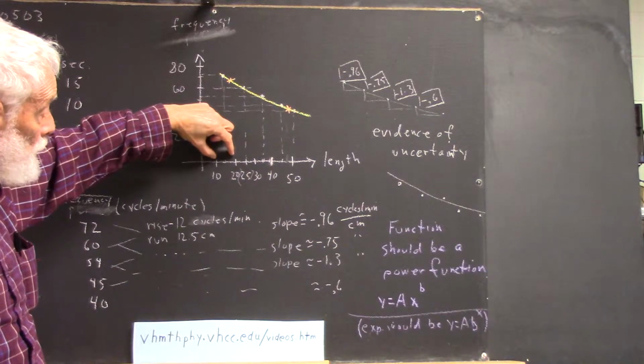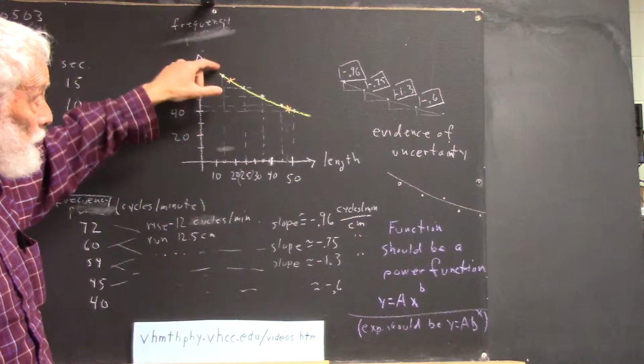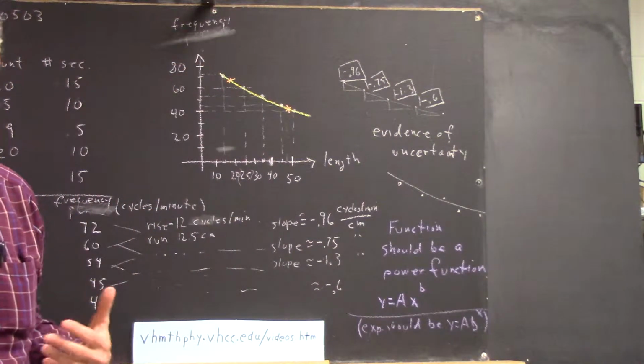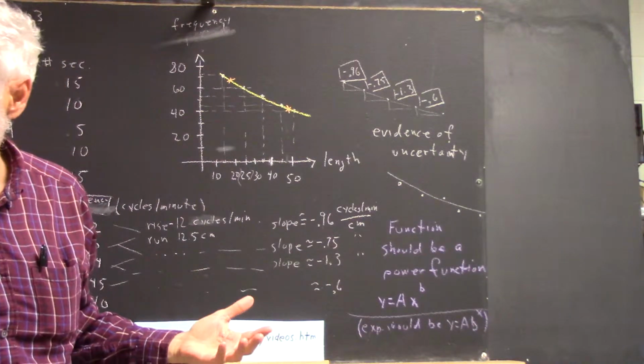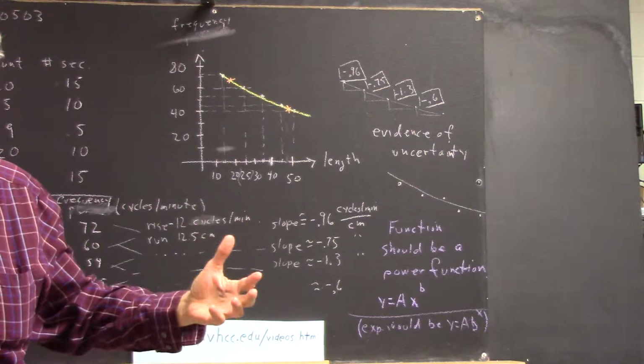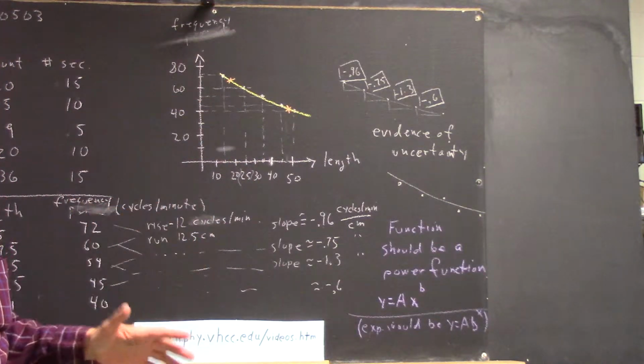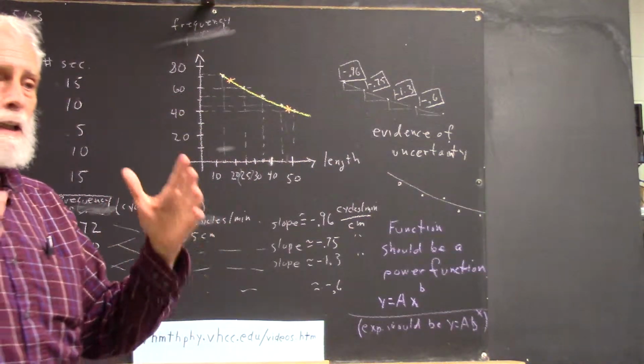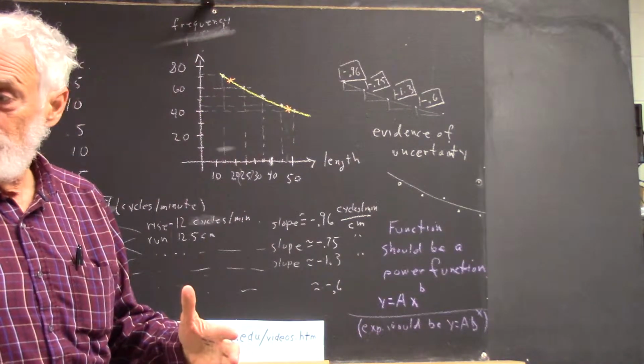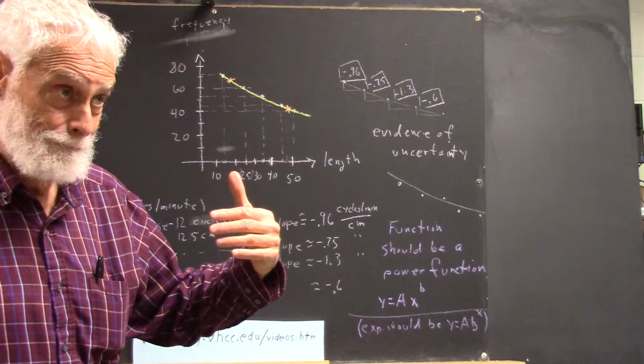Half a centimeter is pretty small, but it still could affect any given data point. The count could be plus or minus 1, so that would raise or lower data points. So the data points aren't anything but a guide to where you draw your curve.